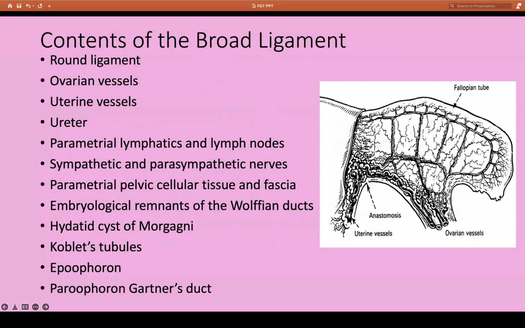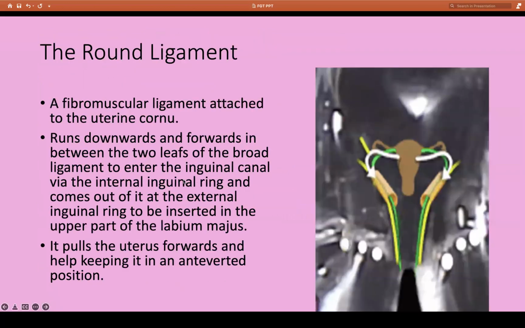What are the contents? Ovarian vessels, round ligament, uterine vessels, ureter, parametrial lymphatics, and sympathetic and parasympathetic nerves, and all the paroophoron, epoophoron, and hydatid cyst of Morgagni. These embryological remnants can be found there while you are doing a procedure, so you can expect all these contents in the broad ligament.